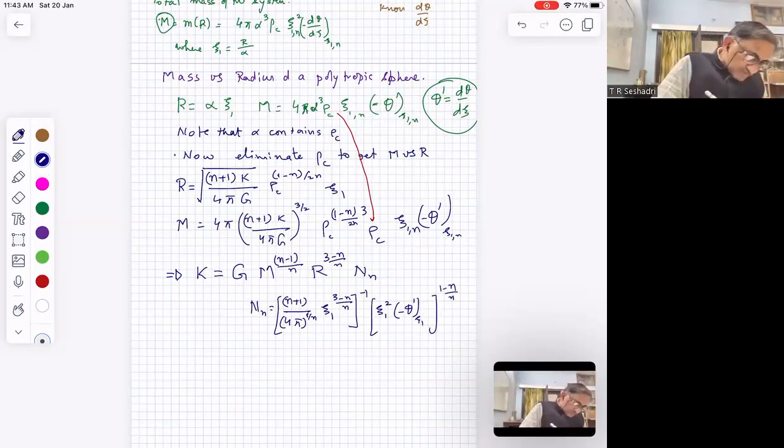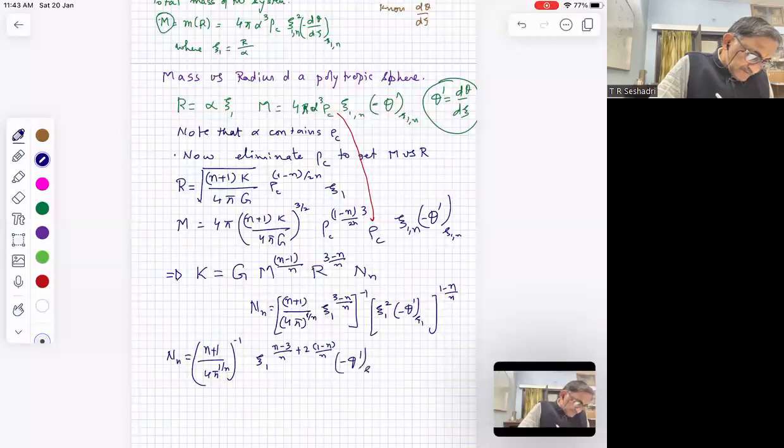Which, of course, you can simplify even further by saying that M_n is equal to (n+1)/4π times [1/n minus 1, ξ₁^((n-3)/n) plus 2 (1-n)/n times minus θ'(ξ₁)] to the power (1-n)/n.